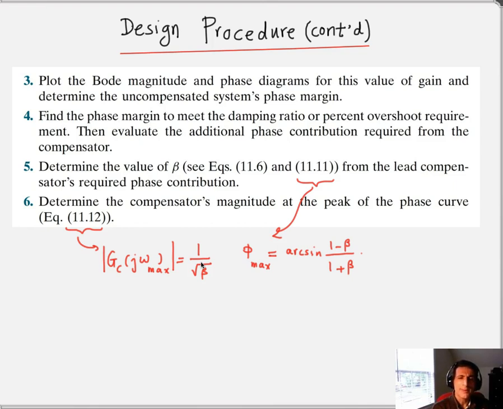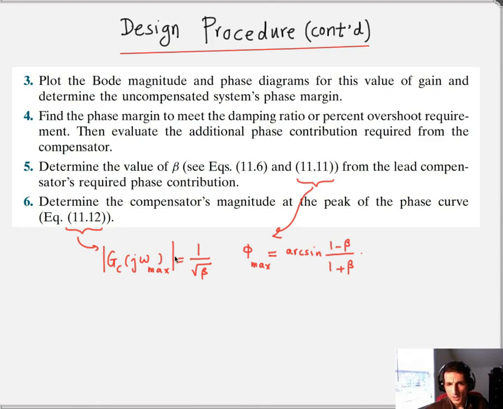Therefore the magnitude of GC at that new peak frequency is going to be positive in dB. But remember that this frequency is the new frequency associated with the phase margin, what we call the phase margin frequency. If you remember, at the phase margin frequency, the magnitude must be 0 dB.